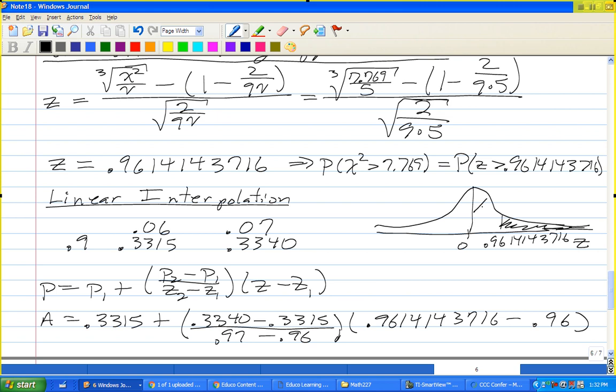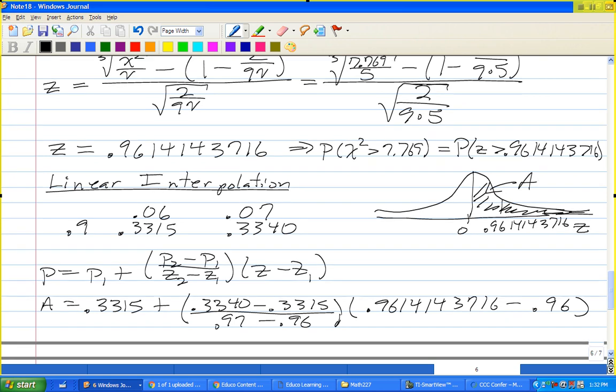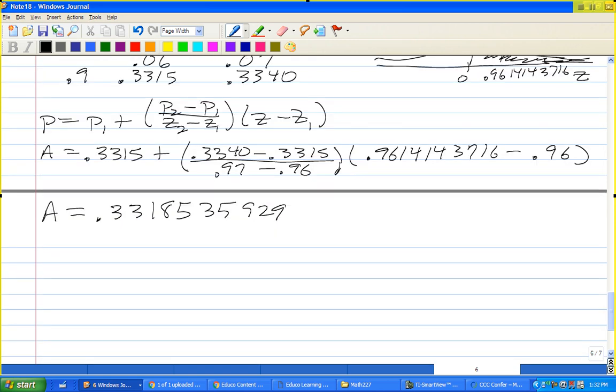And so I take this area here, A, between 0 and 0.9614143716.